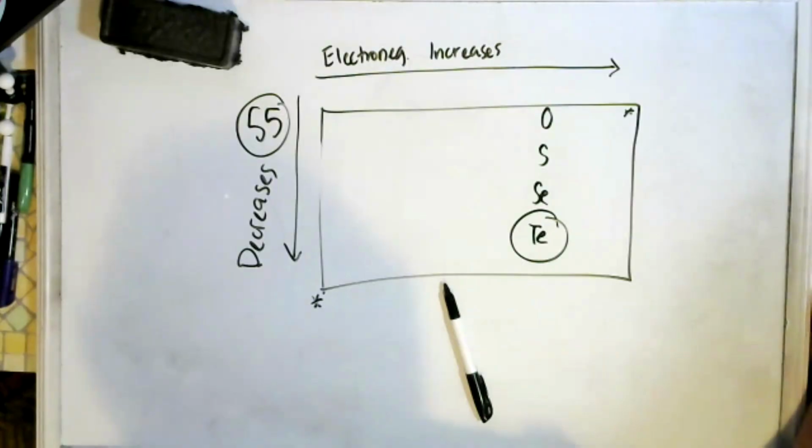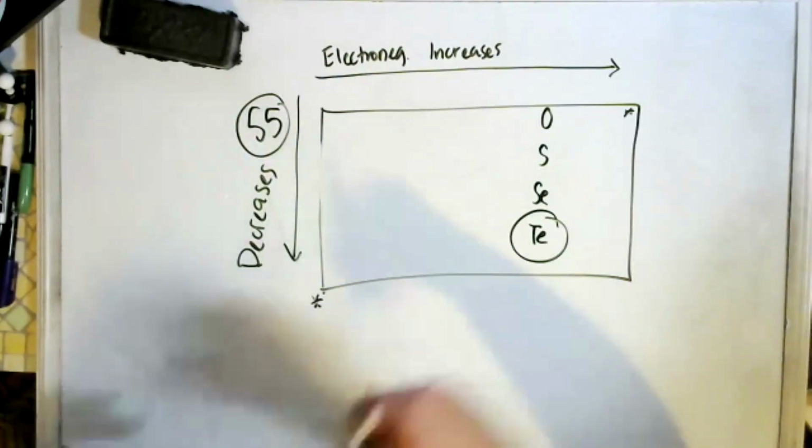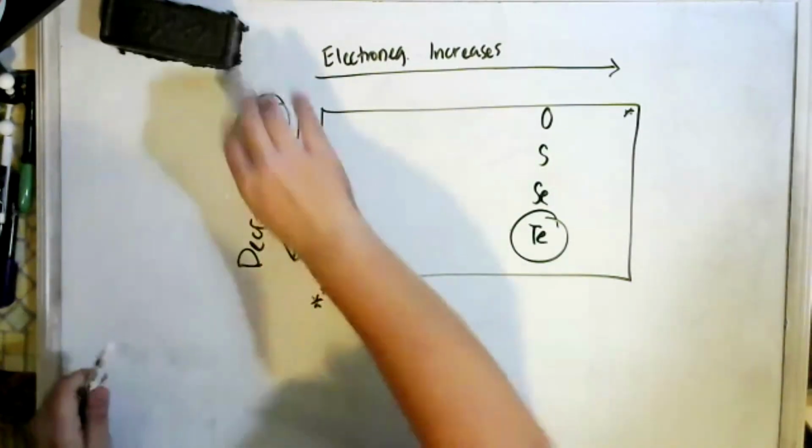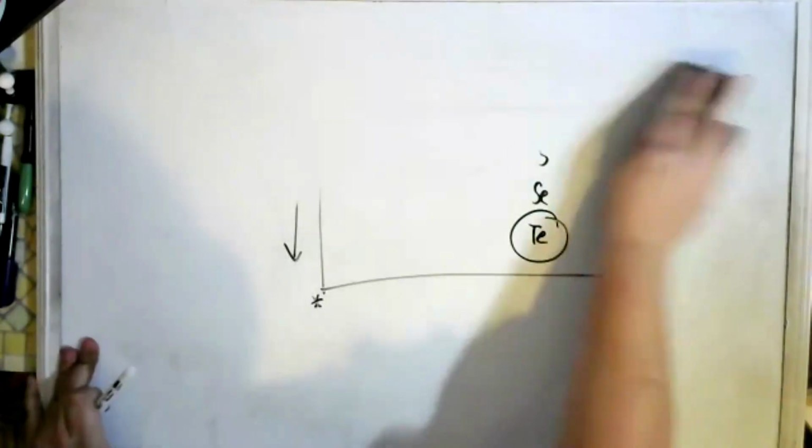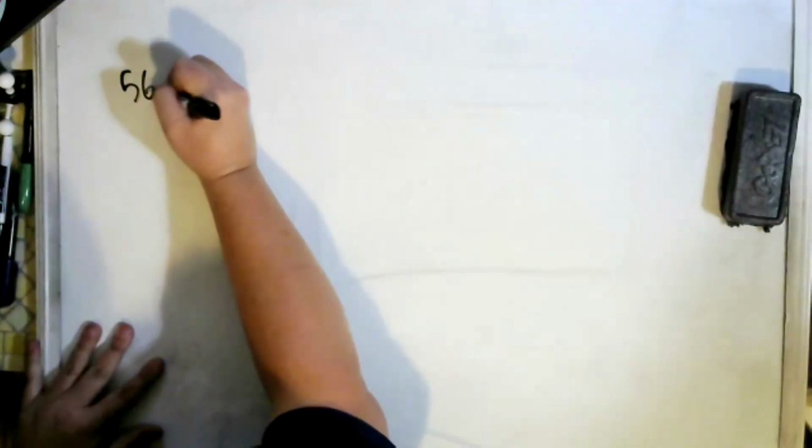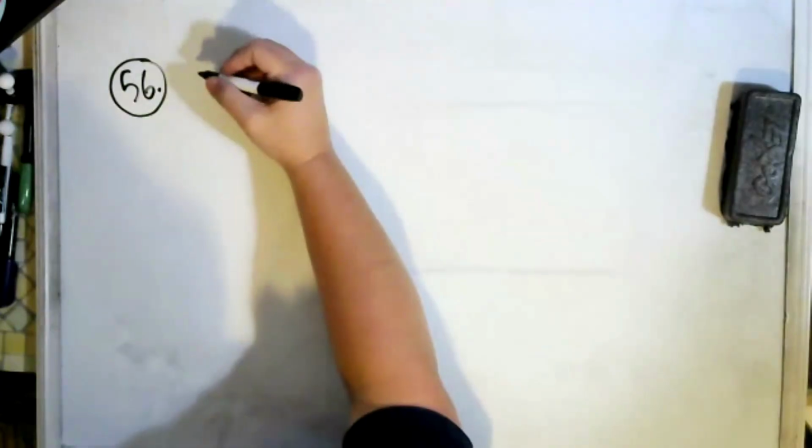Next question says, which compound forms a polar covalent bond? They're giving us a bunch of options here. And you can answer this question without your electronegativity values, right?